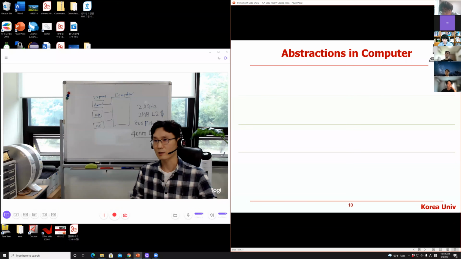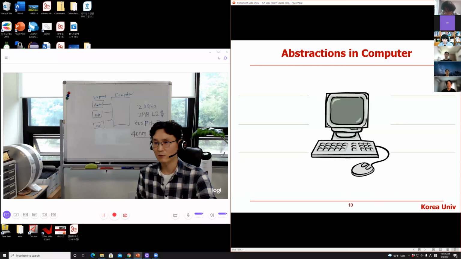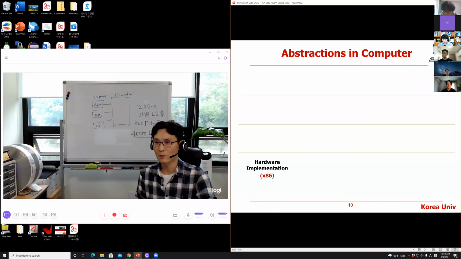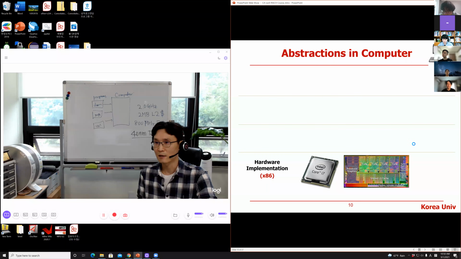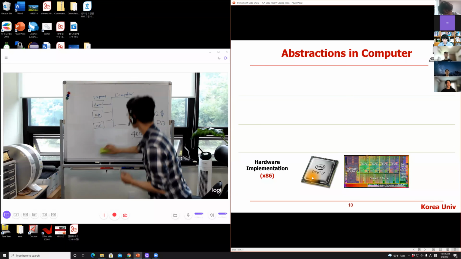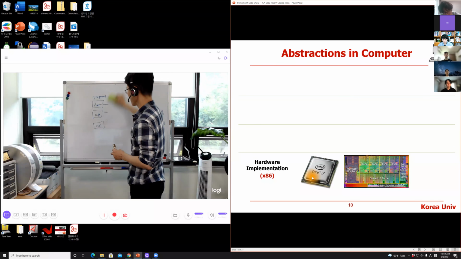If you open this desktop computer, the most important component inside this computer is called the CPU, which has several different names.